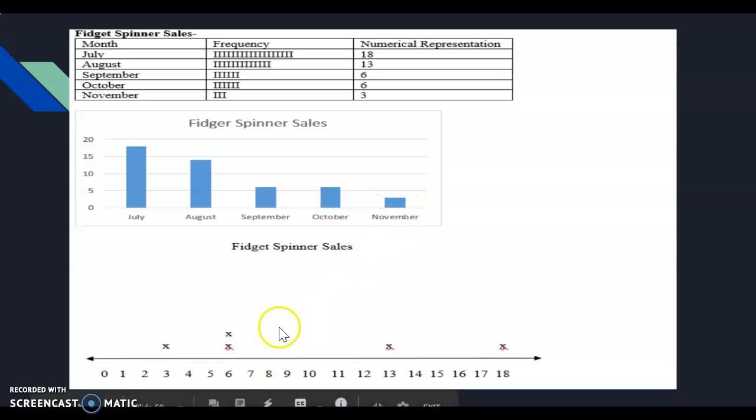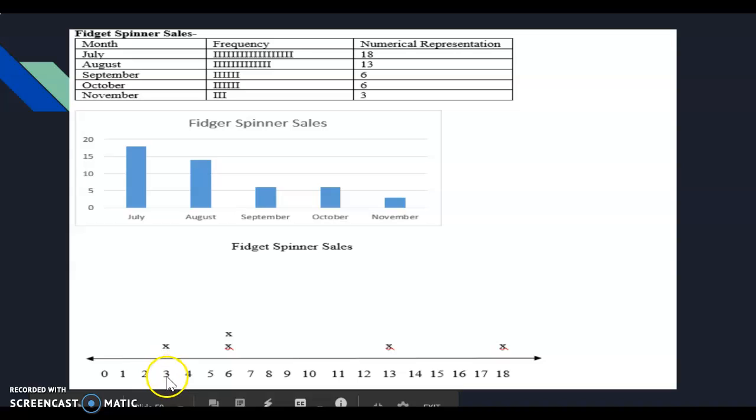At the very bottom, you have a line plot using the same data. The line plot just tells you the frequency on the bottom.